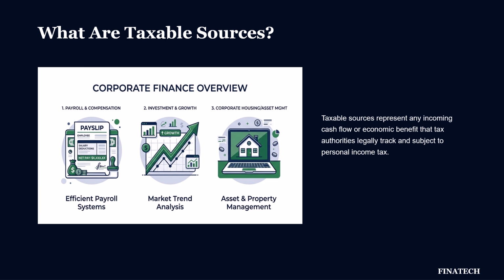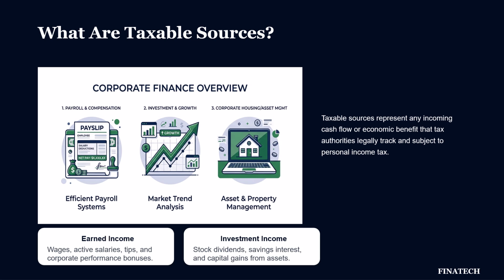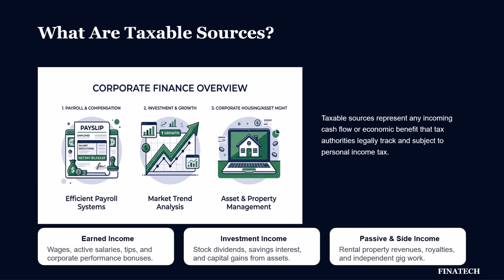So, every money you gain, you must pay a tax. First, for earned income; for investment income, if you have a gain in your investment, you must pay income tax. And for your passive and side income, you must also pay a tax.